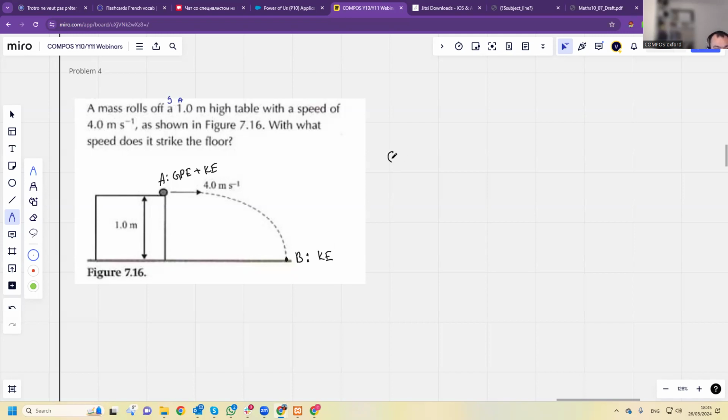So we can say that gravitational potential energy at A plus kinetic energy at A is equal to the kinetic energy at B. Because here we have 2 types of energy and here only one. And there's no friction, so we're not losing anything on the way. So this is conservation of energy. Does that make sense?